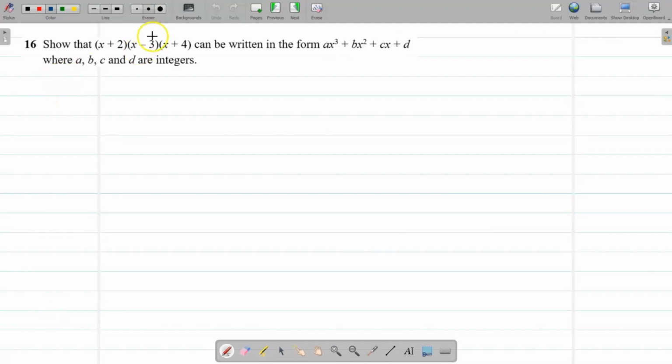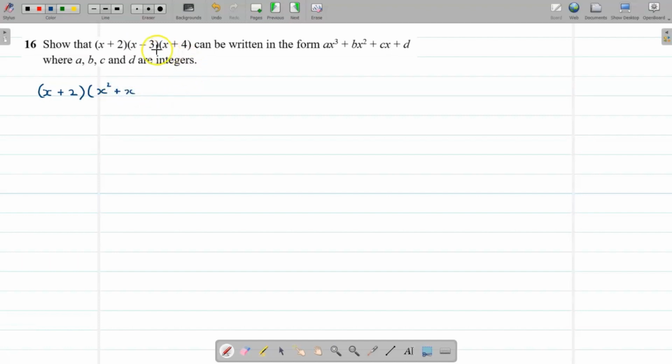In this question, I normally leave the first bracket as it is and multiply out the second and third brackets. So you've got the smaller bracket in the front all the time. Well, that works out to be x squared, x times x, minus 3x, and plus 4x is plus x.